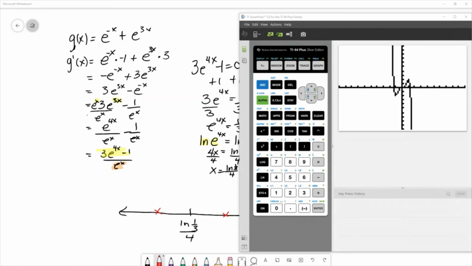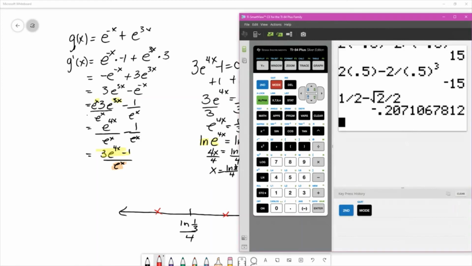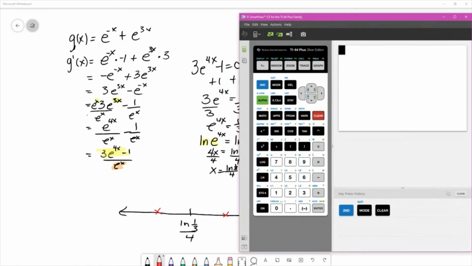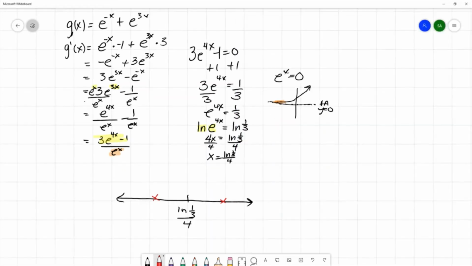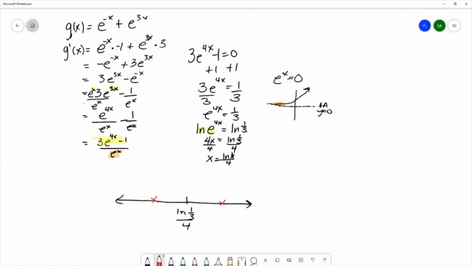Okay, so I'm getting a decimal approximation for that critical number. Natural log of 1/3 over 4 is negative 0.27. I'm just going to write that down here. Negative 0.27.